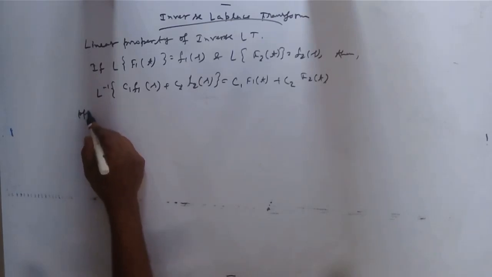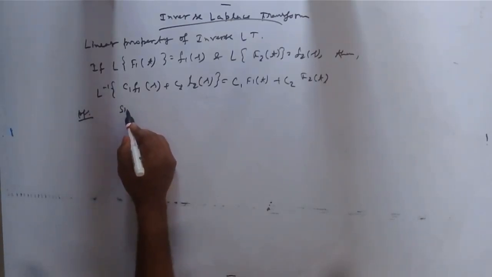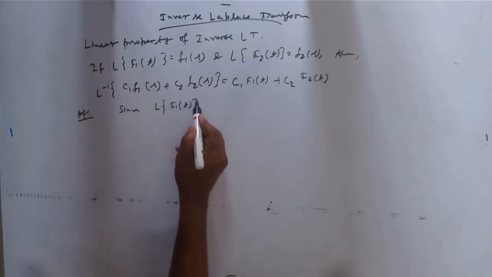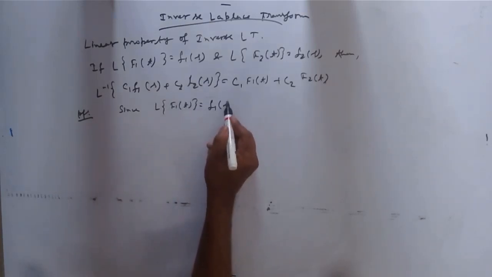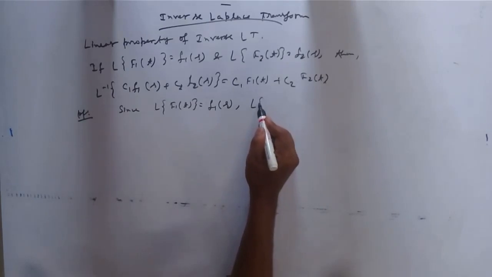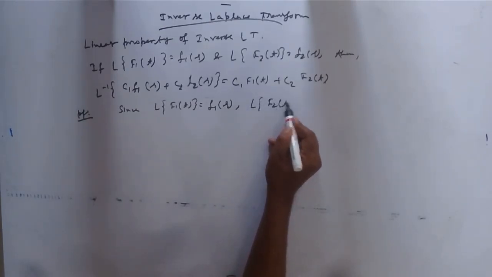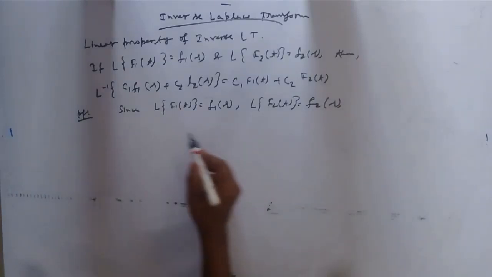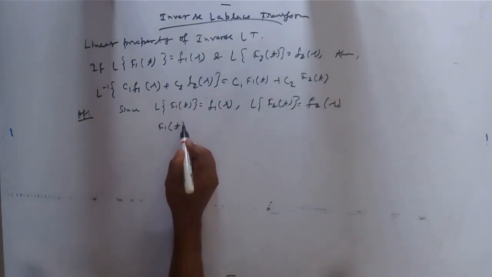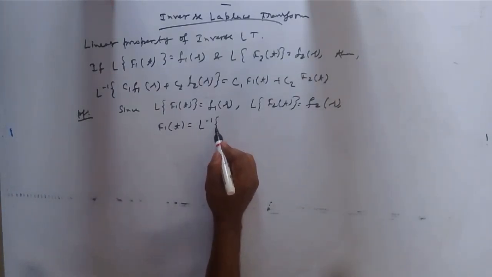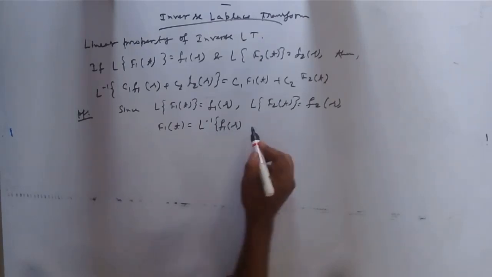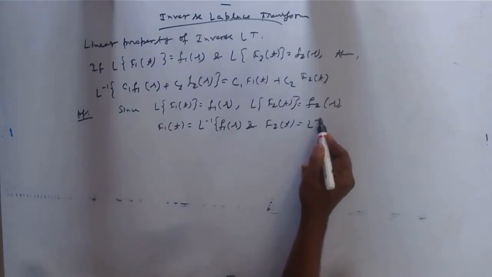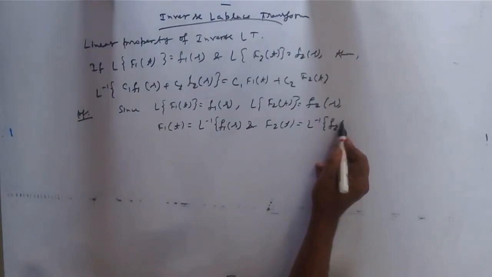The proof is very simple. Since L of f1(t) equals F1(s) and L of f2(t) equals F2(s), therefore f1(t) equals L inverse of F1(s) and f2(t) equals L inverse of F2(s).